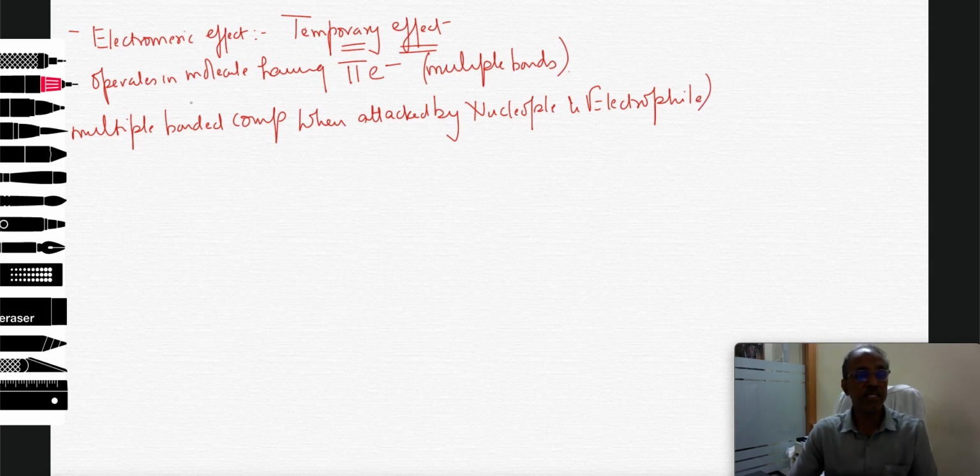That means multiple bonded compounds, when attacked by a nucleophile or an electrophile, give rise to an effect known as electromeric effect.